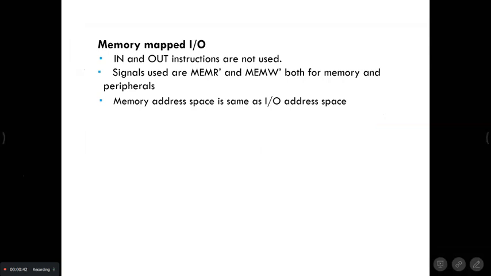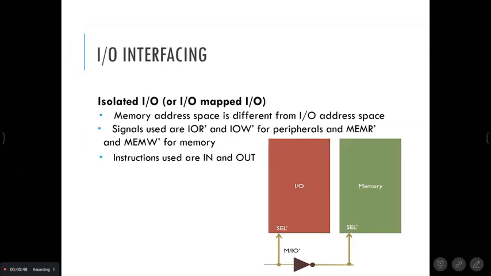If you remember what was covered in the last class, you will know about isolated I/O, or I/O mapped I/O. What is this? Simply put, your microprocessor and I/O are directly connected through an I/O pin.